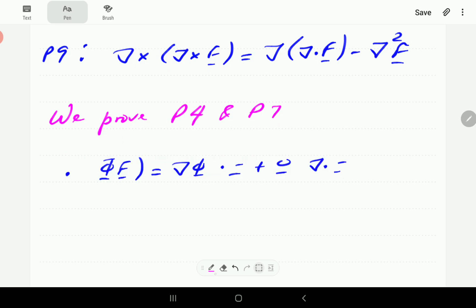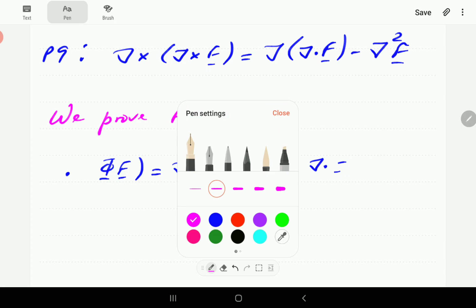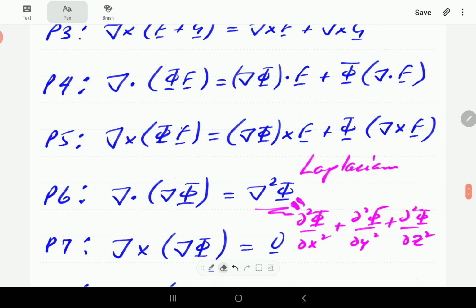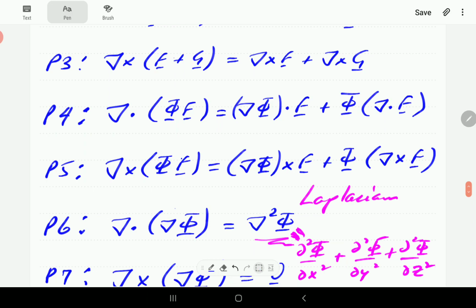So this is saying that the divergence, surely this didn't work well. Let's try it again. So there is property number 4. There we go. Okay.